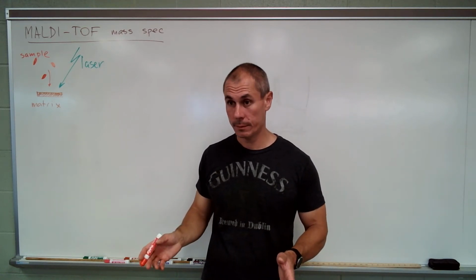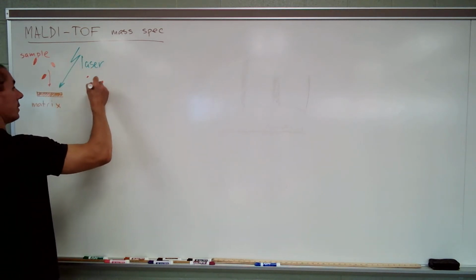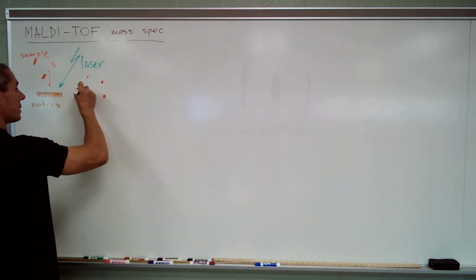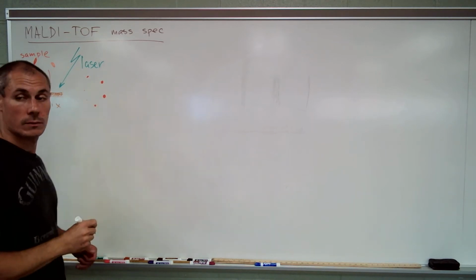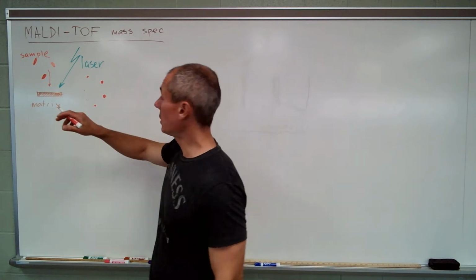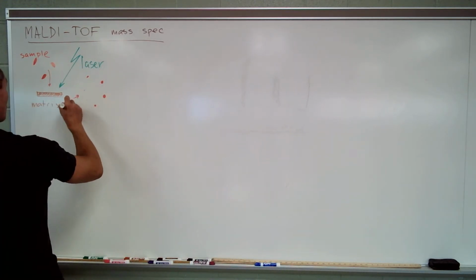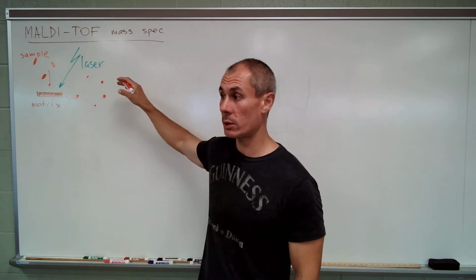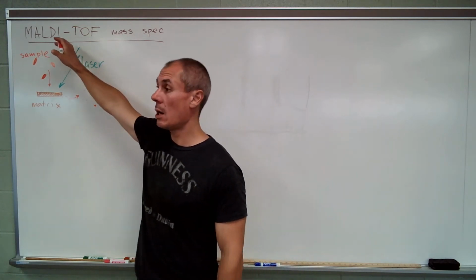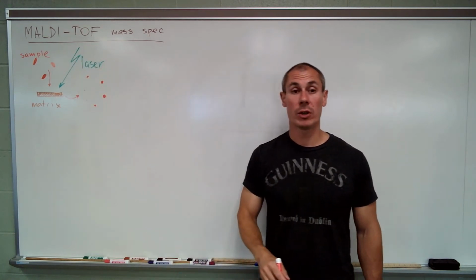We clear? And you will have a whole bunch of different pieces of different size. Do you see the size? Now, since laser not only blows it up in pieces, but will also ionize them, these pieces will have charges.